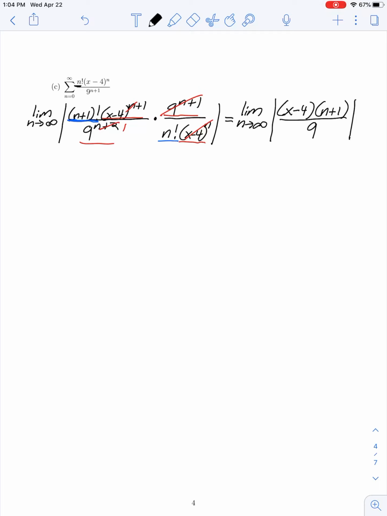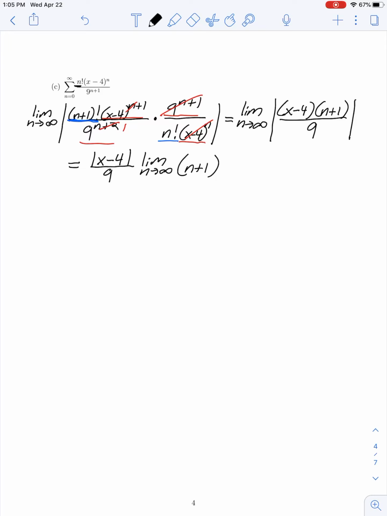So what I'm left with, if I pull out my constant terms in front of the limit with respect to n, we have the absolute value of x minus 4 over the absolute value of 9, which is just 9, and then times the limit as n approaches infinity of a n plus 1.